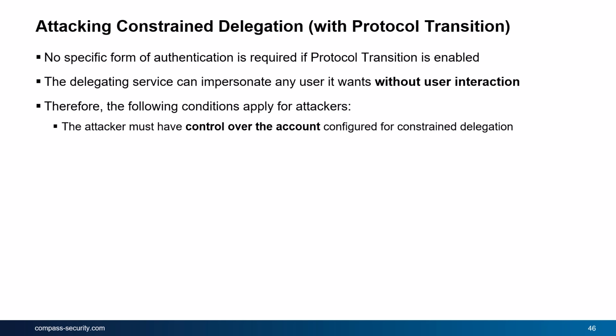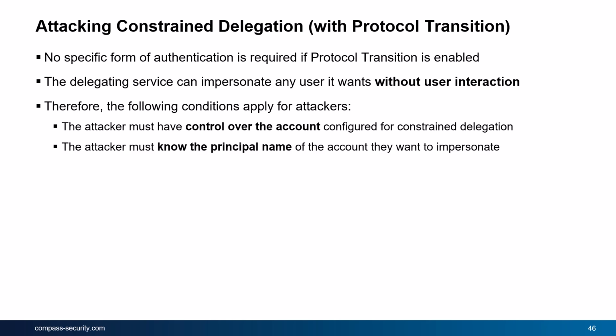So we need to have access to the account's password, key material, TGT, or so on. And we basically just need to know the principal name, so the identifier of the user that we want to impersonate within the domain. But no other requirements as a user that would connect to our service.